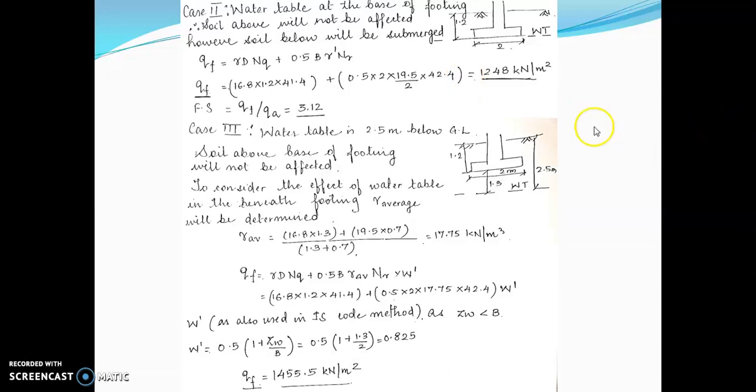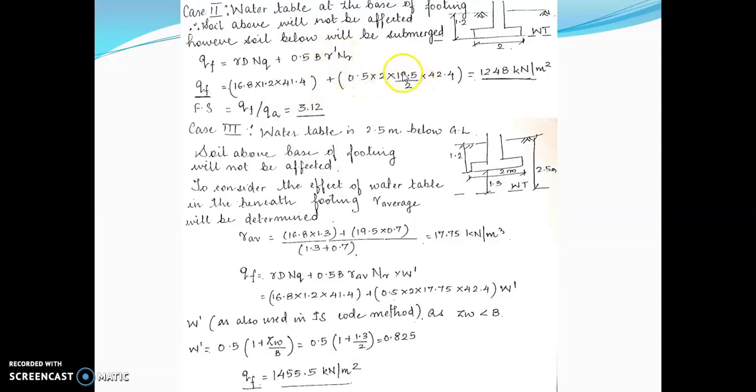So now, what happens to my equation? qf, anyway the first term has gone to 0 because c is equal to 0. qf is equal to gamma D Nq plus 0.5 B gamma prime, or gamma dash. What does gamma dash stand for? It stands for the submerged unit weight, into N gamma. So if I substitute the values, gamma is 16.8, into D is 1.2 foundation, Nq from the chart is 14.4, plus 0.5 into B is 2.